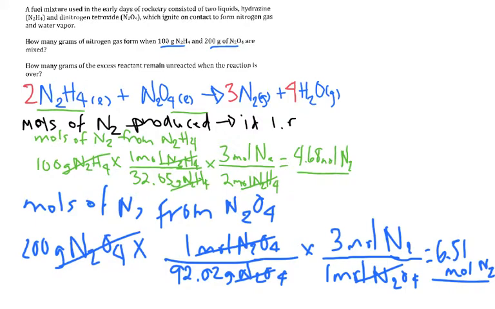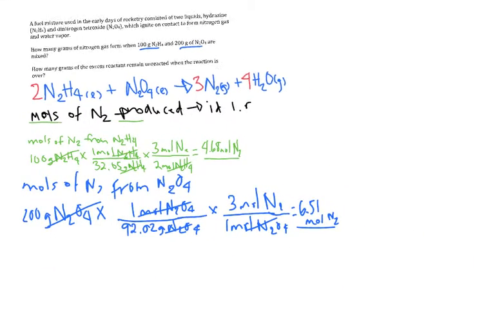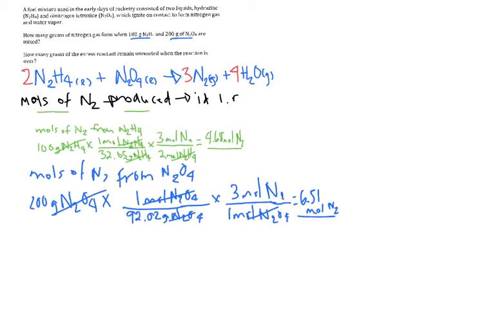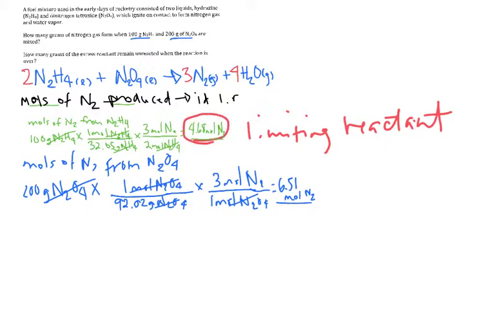Okay, so the limiting reactant is the one that produces the smallest amount of moles, right? And so that one is the hydrazine. So hydrazine is our limiting reactant. So we're going to use that to calculate the amount of grams that we can produce. And this is our theoretical yield.